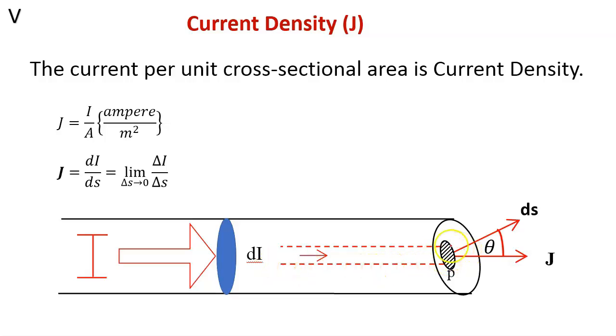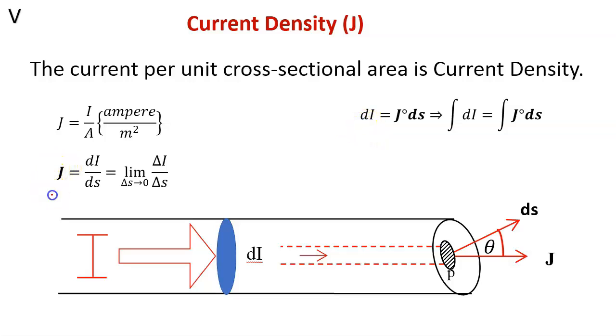Now out of this, here I am considering a small area which is not cross-sectional area, and this area ds bar has direction normal to the surface, and the direction of density of current, or the direction in which charges are flowing to cater conductivity or to make current I flow, is this direction. So theta is the angle between the two, and we define di, small current.